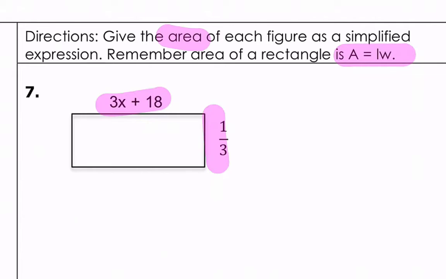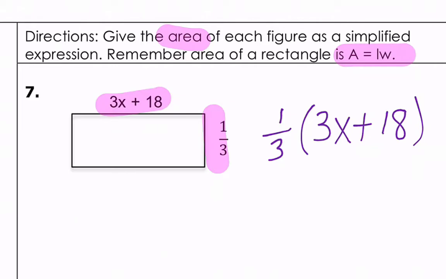So let's write it out. 1/3, remember parentheses means times, 3x plus 18. So you just multiply these two guys together to find your area.